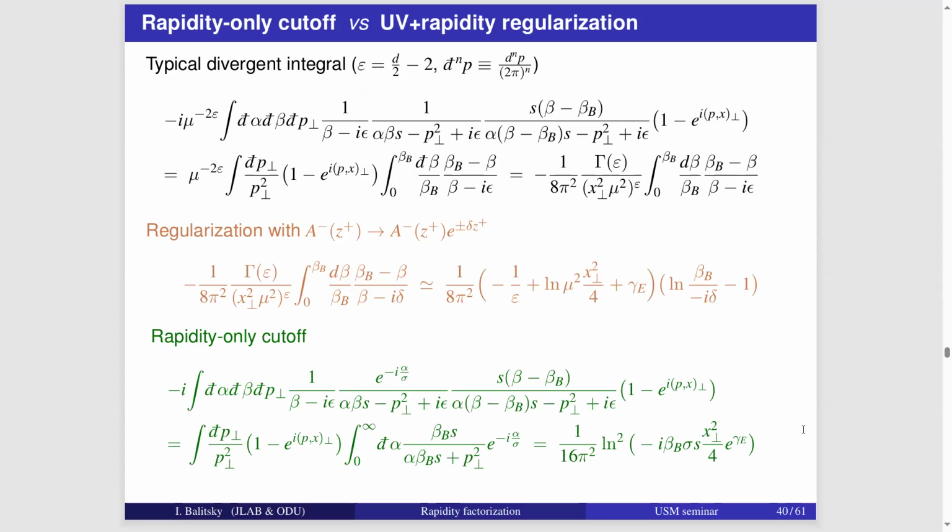If you are using the CSS approach, you regularize rapidity something like that, and the result will be a product of two logarithms: an ultraviolet log, where mu is the ultraviolet cutoff, and a rapidity log. If you use the rapidity-only cutoff, the same integral but regulated in a different way, the result is the log squared of the rapidity cutoff.